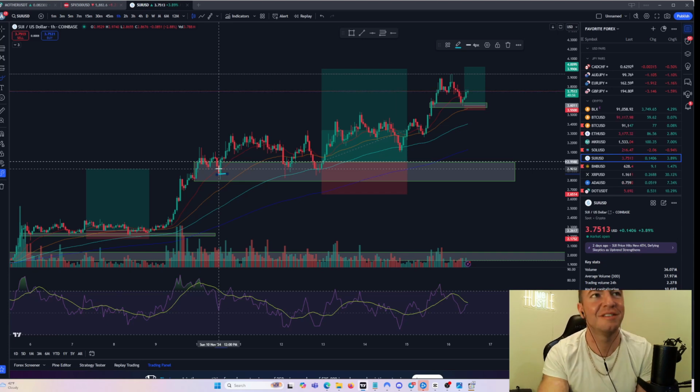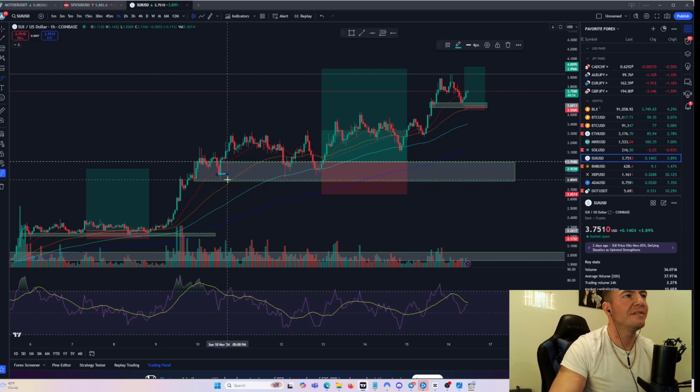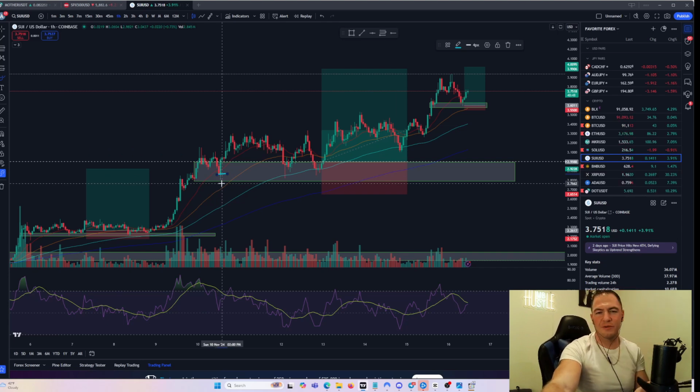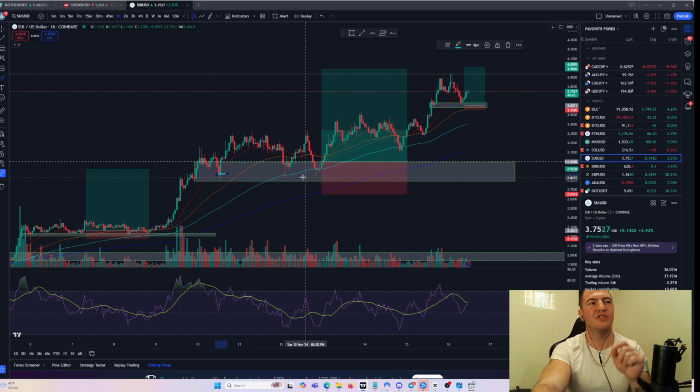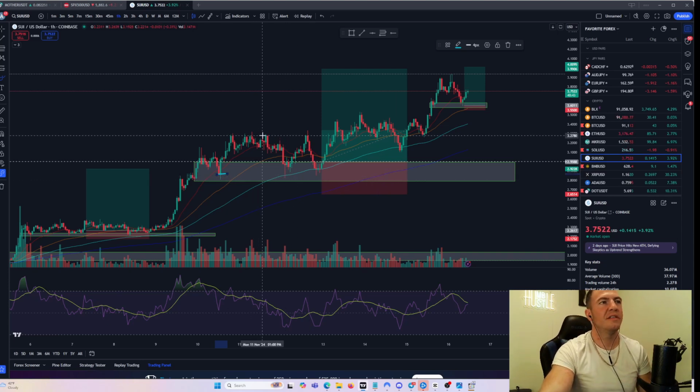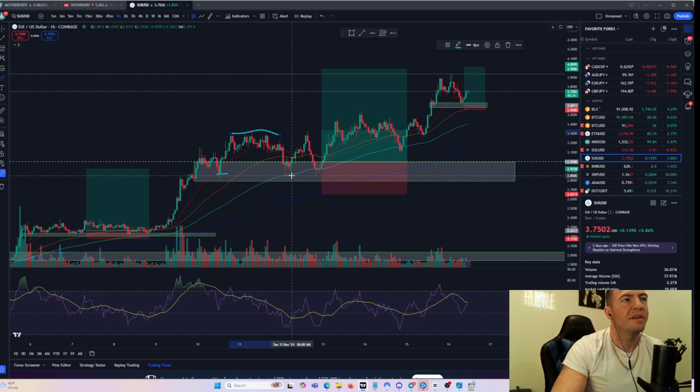Now, the cool thing about limit buys is that you're not staring at the charts 24/7, right? You could literally just put in an order. Say the market was up here, okay? And you're thinking, what I'm going to do is set a limit buy order somewhere in this support zone right here.